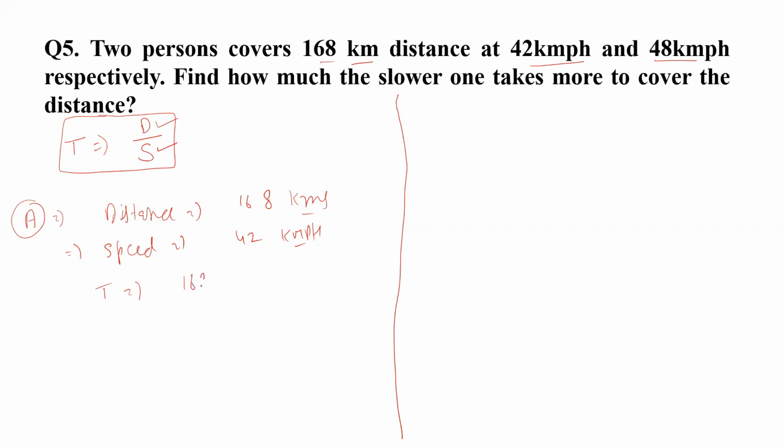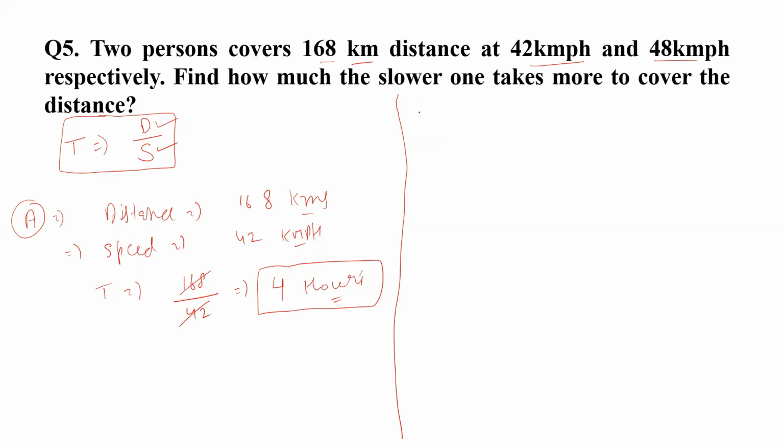This is 168 divided by 42, and when we divide this, we get to know that he can cover the distance in 4 hours. So 4 hours is the time at which A can cover 168 kilometers at the speed of 42 kilometers per hour.